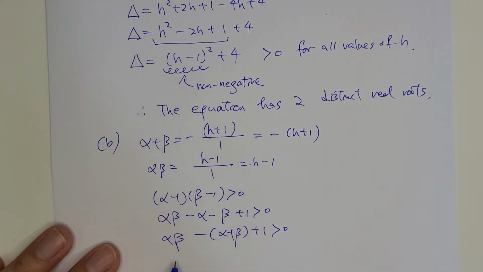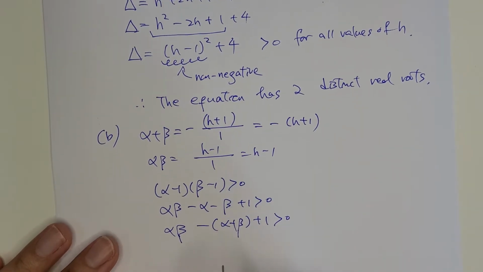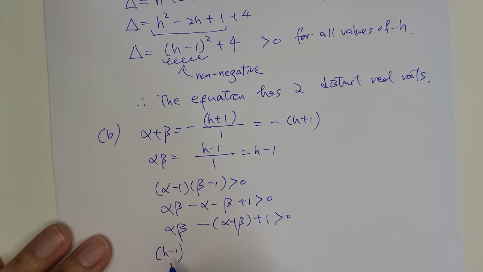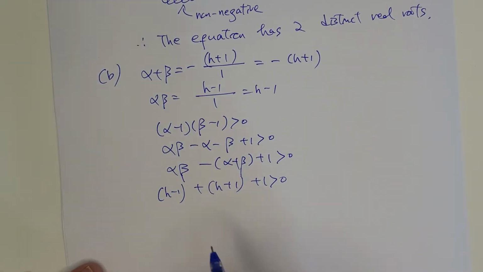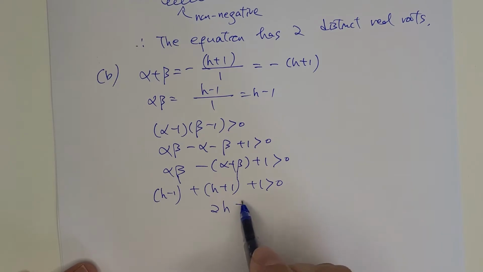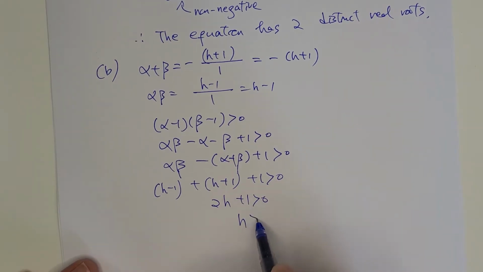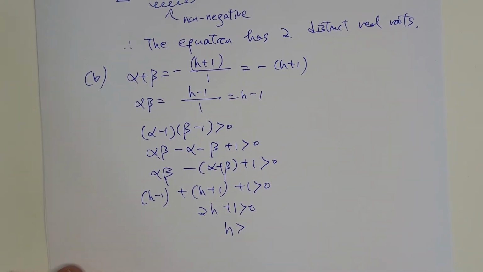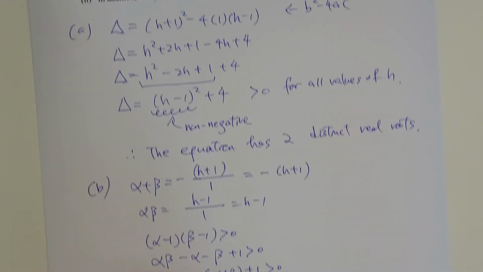So you can substitute this alpha times beta and alpha plus beta by h, okay? So (h minus 1) plus (h plus 1) plus 1 greater than 0. And you can solve the inequality of h. So h is greater than negative 1 over 2. So that's finished B1.